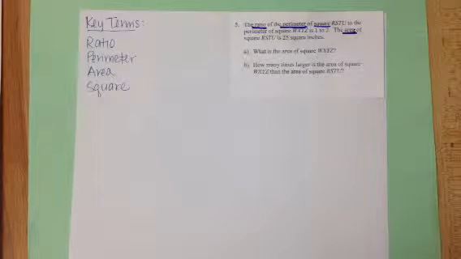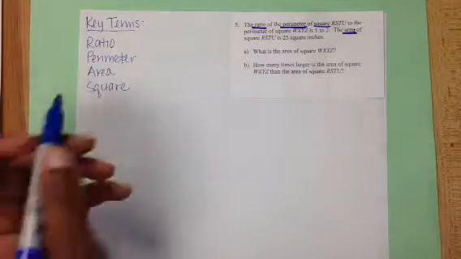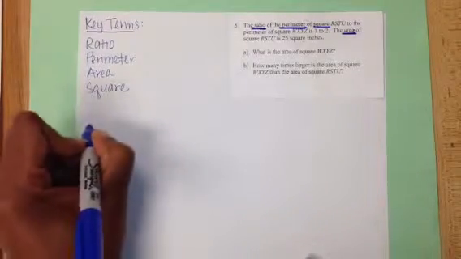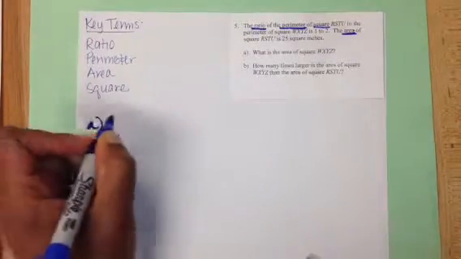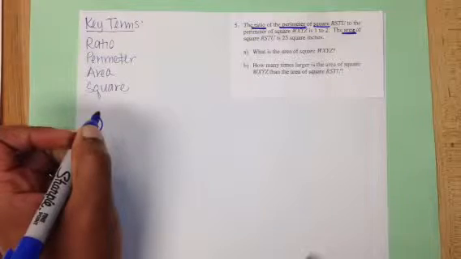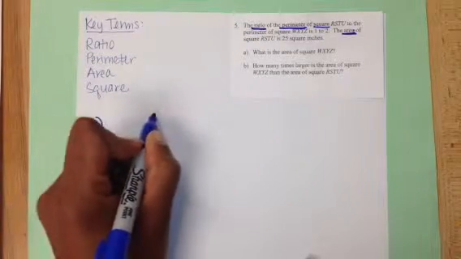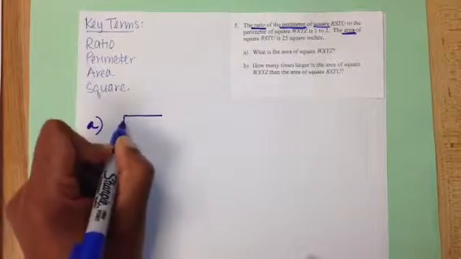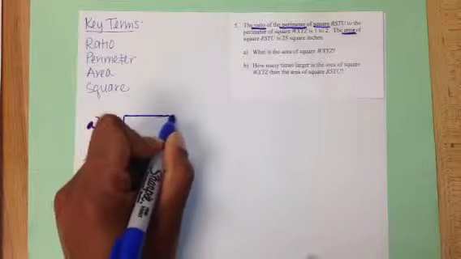Okay, so let's do part A. It says, what is the area of square WXYZ? First, for part A, we're going to draw out the figure. We have first square RSTU. Let's draw that out.